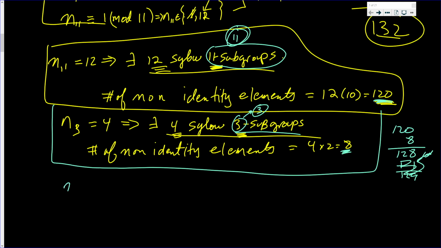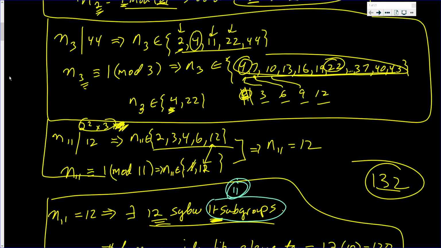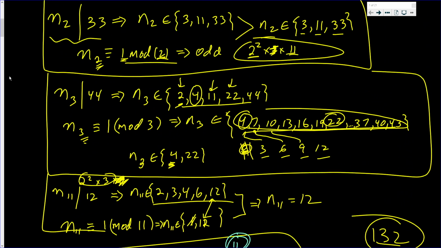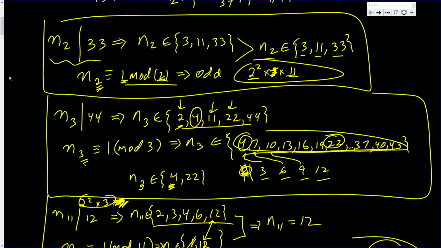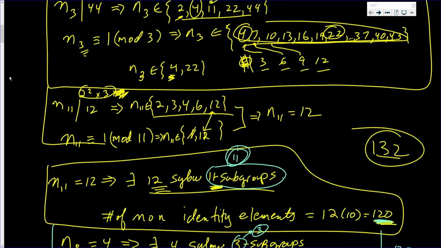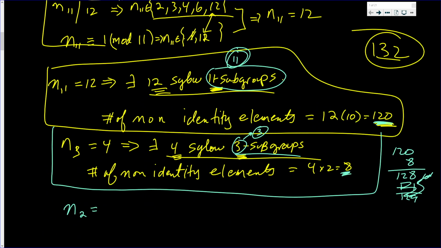Now, let's talk about n_2, or the number of Sylow subgroups of order 2, or Sylow 2 subgroups. There's at least 3 of them. If n_2 is 1, there's only 1.